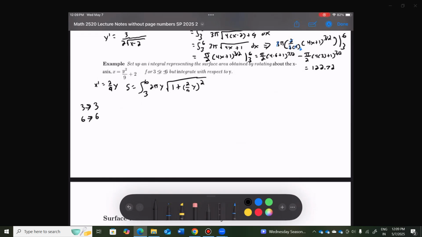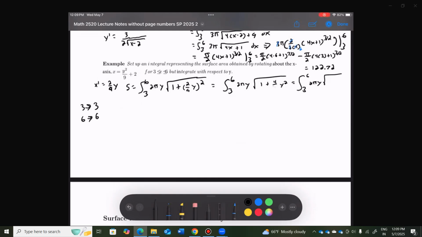Alright, so integral from 3 to 6, 2 pi y, square root of 1 plus 4/81 y squared. And this would be not 36.